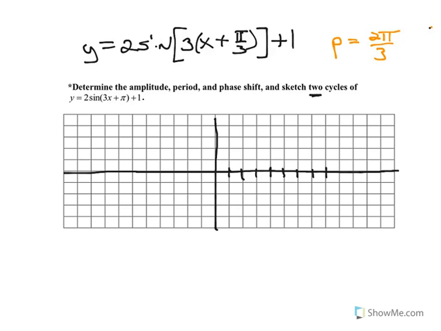And that's going to be a period length of 2 pi over 3, so we'll go 2 pi over 3, which means halfway there, 4 boxes would be pi over 3. And then halfway to pi over 3 would be pi over 6, so half of a third is a sixth. So just getting a feel for our scale.